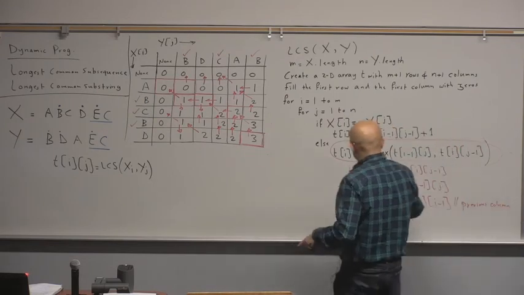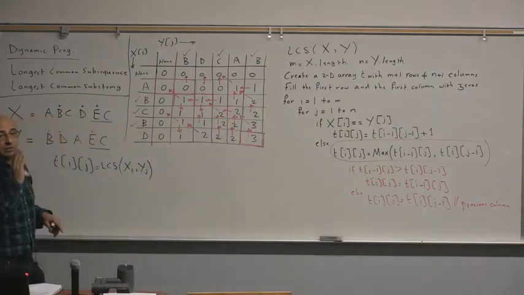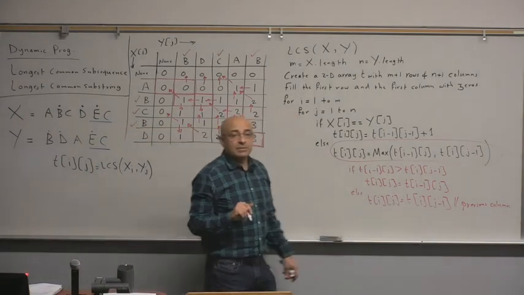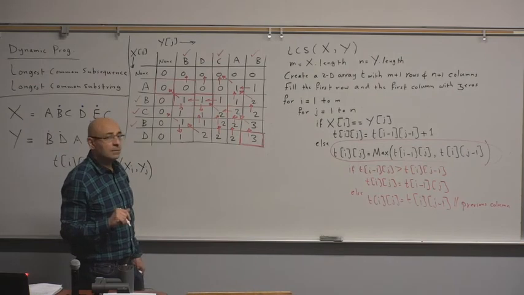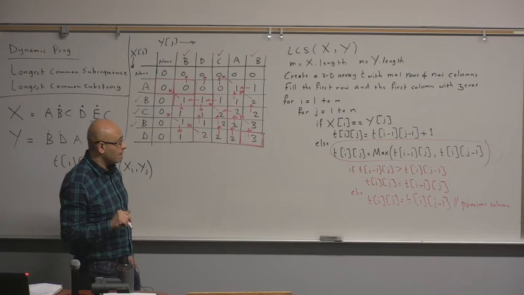So in fact, if we implement it like this, it will be the opposite of what we were doing. We were going to the previous row. Here, we're going to the previous column. So that if else statement will be under the else part of x of i equals y of j.